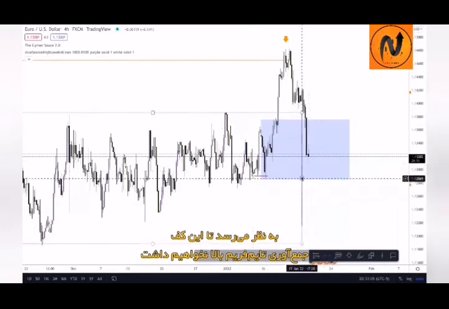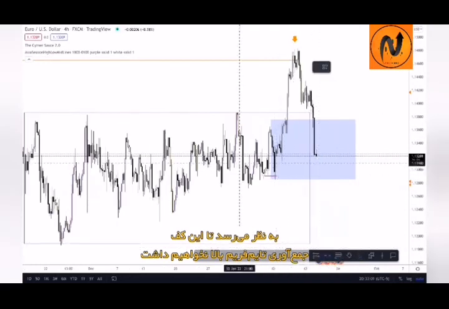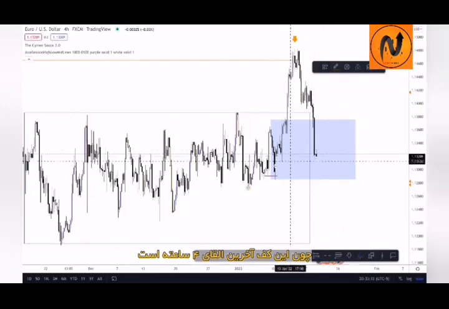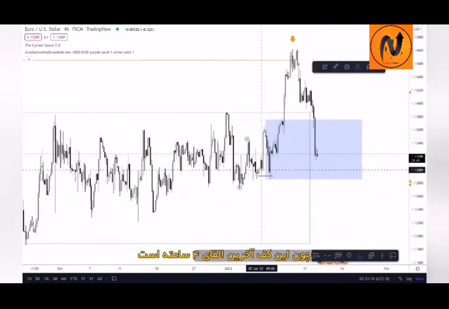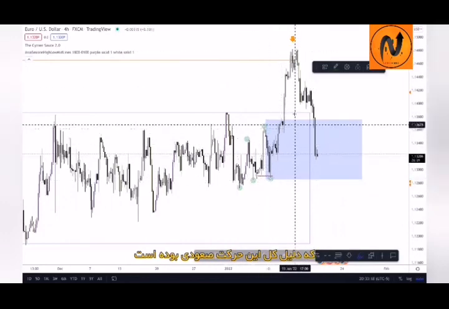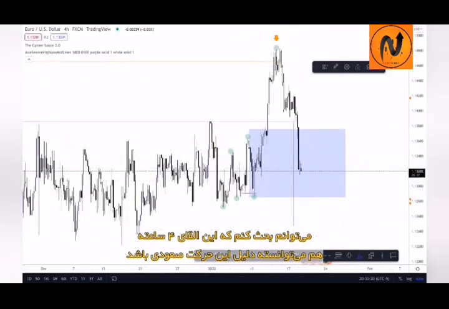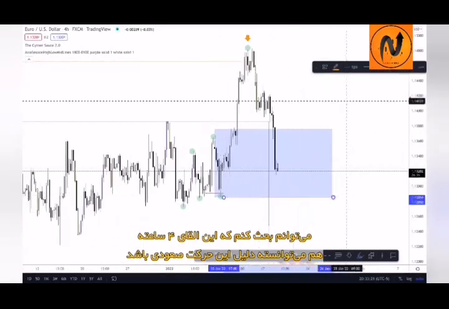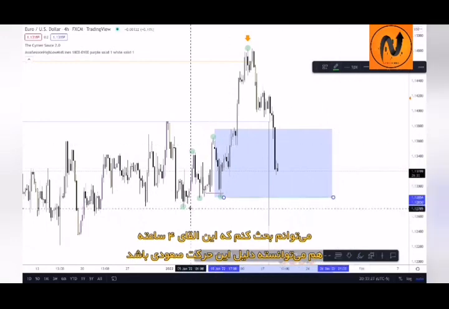It looks like we're not going to have a high time frame sweep really until this low around down here. The reason why I say that is the last 4-hour inducement that caused this whole move to run up. I could argue that this actually might be the 4-hour inducement that might cause price to go higher.